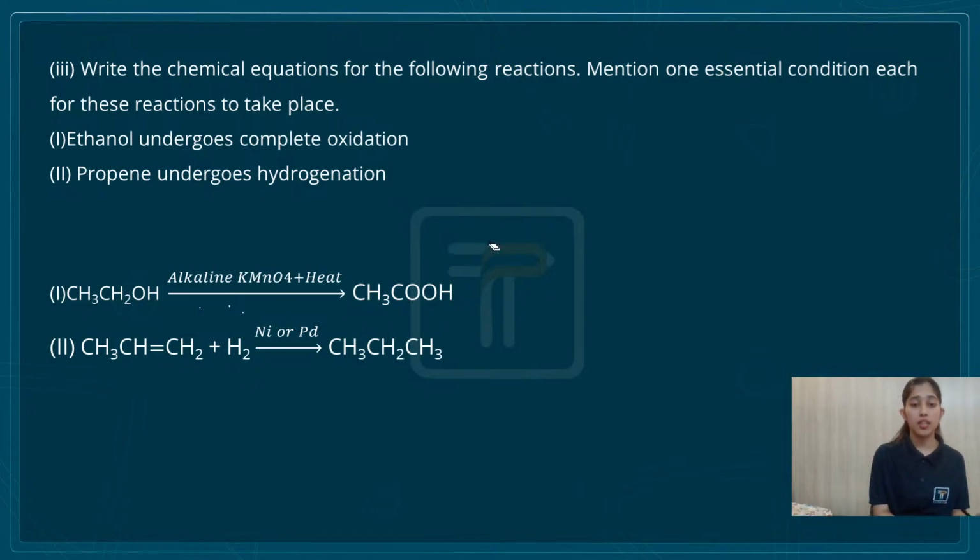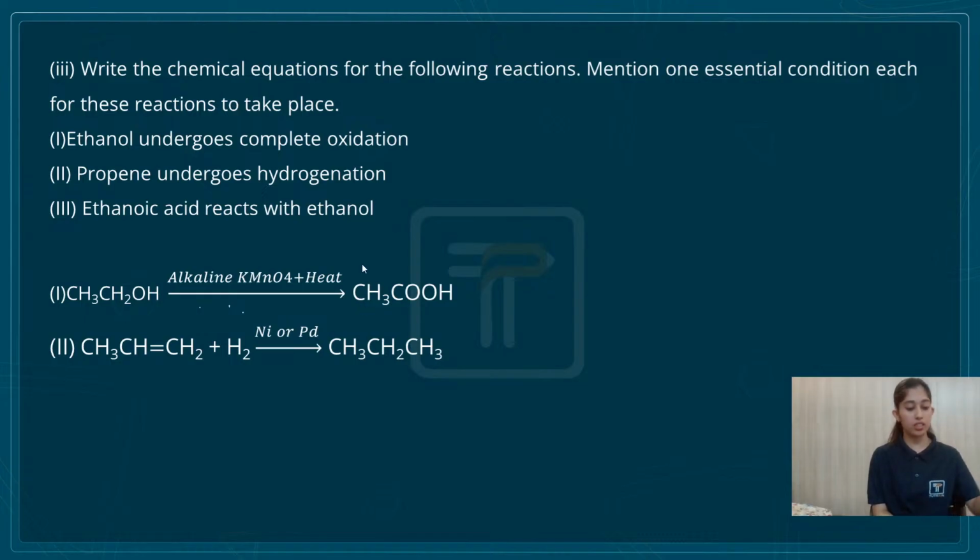Next one. We have one more. Ethanoic acid reacts with ethanol. What happens when ethanoic acid reacts with ethanol? Tell me, everyone. This is again a simple reaction. Now I want you all to give me the answer for this one. I am not going to give you the answer.